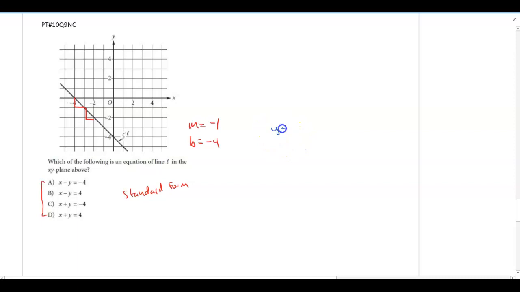Write your linear function, y equals your slope times x minus 4. Now, I could easily put this in standard form by moving the -1x over. So if I add 1x, I would get x plus y equals -4, which ends up being letter C. Now, say I didn't know that.